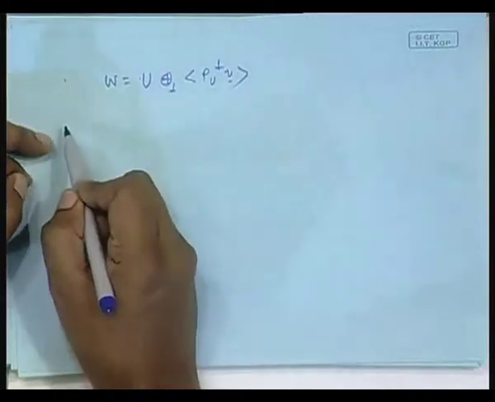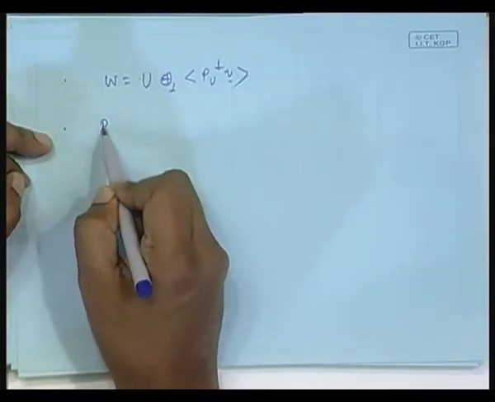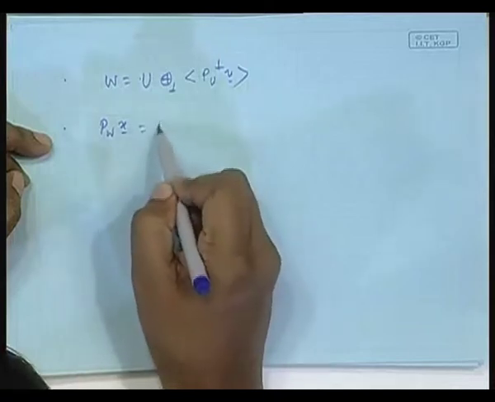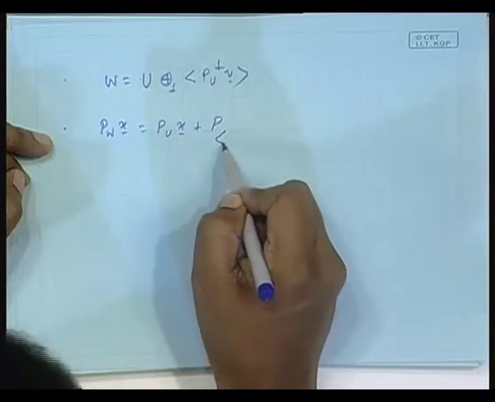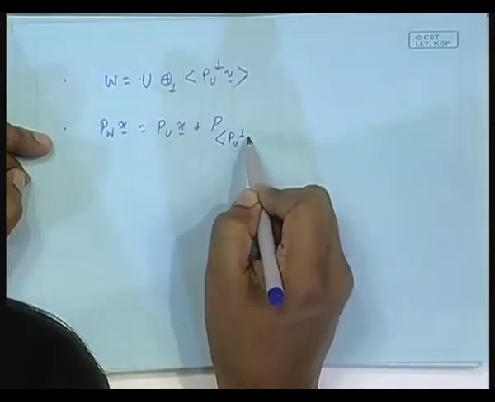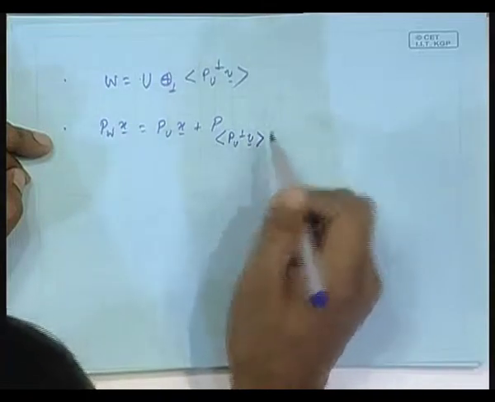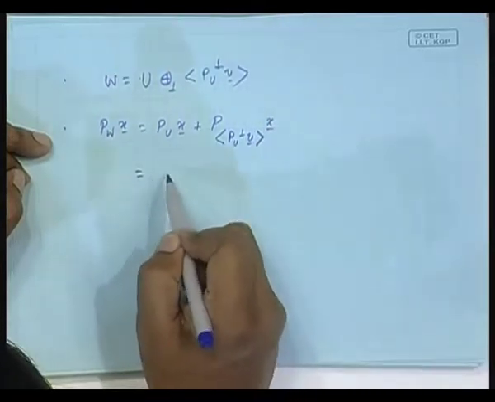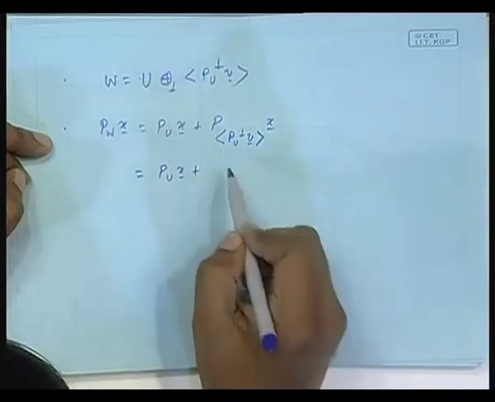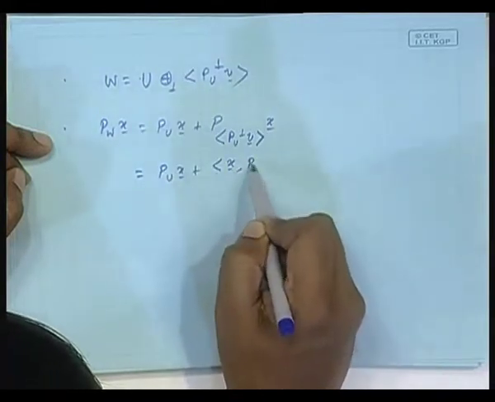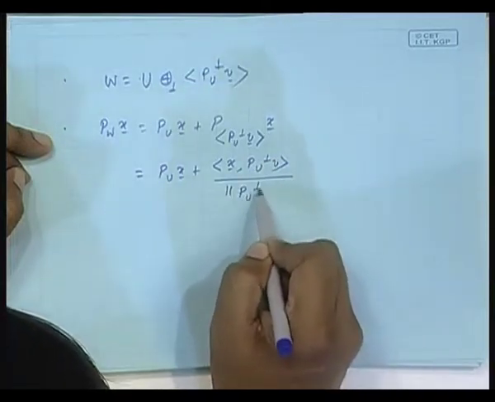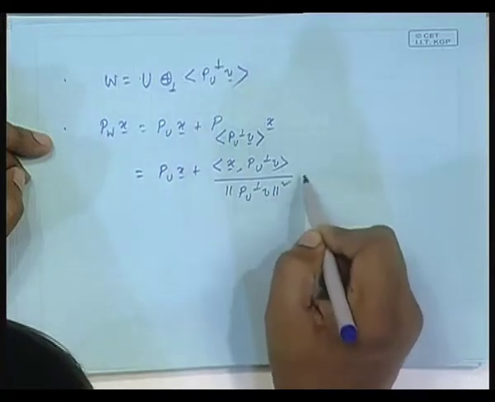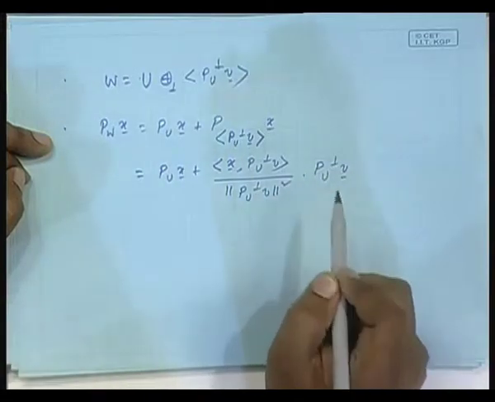Okay. This is one thing you know, that means P_W x will be what? P_U x plus P of perpendicular x, which means P_U x plus this is called the order update relation.